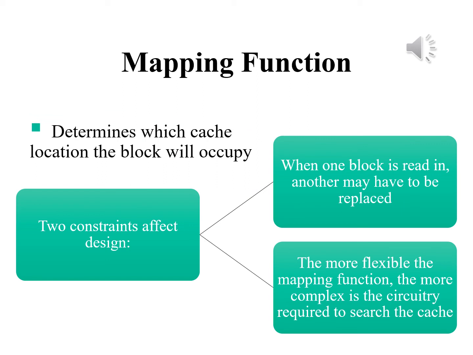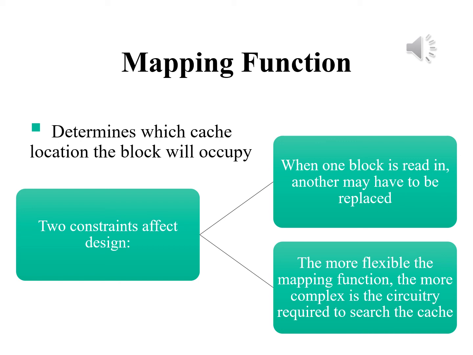When a new block of data is read into the cache, the mapping function determines which cache location the block will occupy. Two constraints affect the design of the mapping function. First, when one block is read in, another may have to be replaced. We would like to do this in such a way as to minimize the probability that we will replace a block that will be needed in the near future.